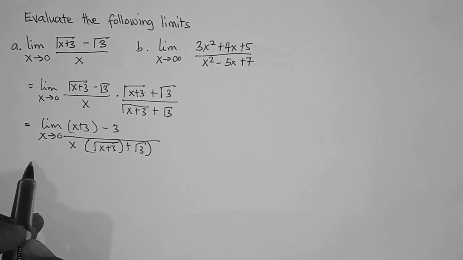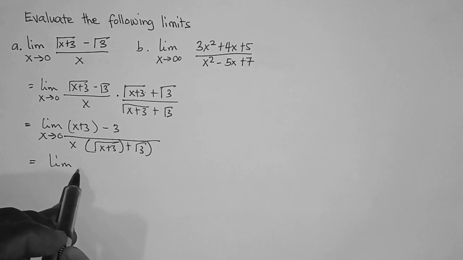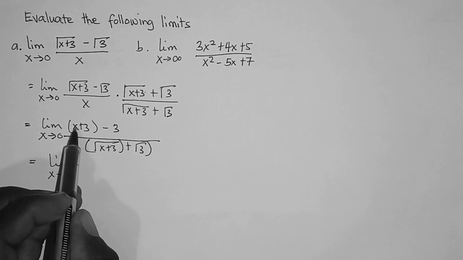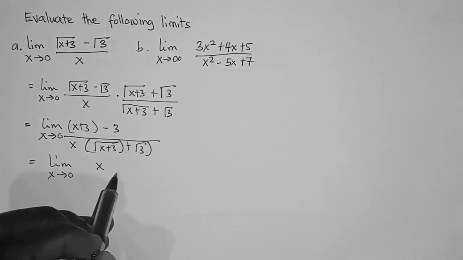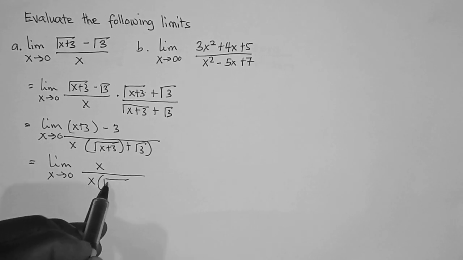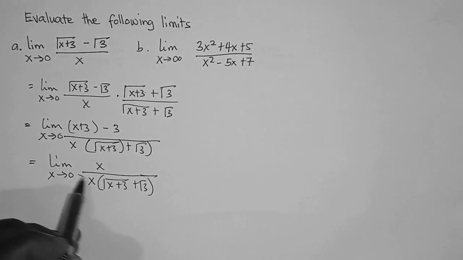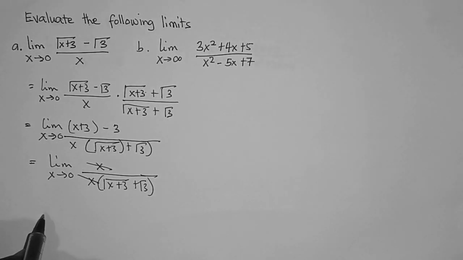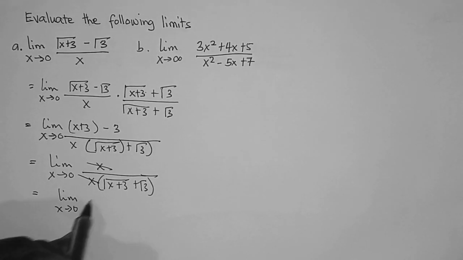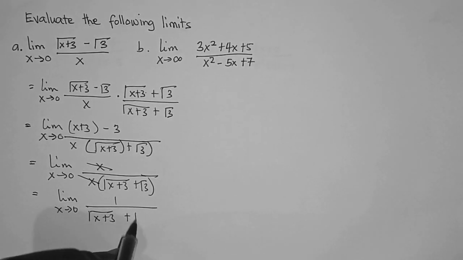So this is equal to the limit as x approaches 0 of, now x plus 3 minus 3 becomes x, divided by x times root x plus 3 plus root 3. You can see that this x and this x can cancel out. So it becomes the limit as x approaches 0 of 1 divided by root x plus 3 plus root 3.